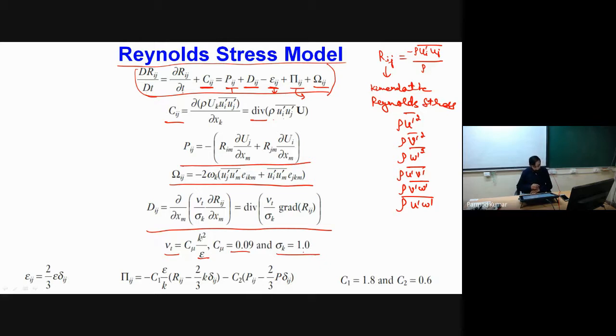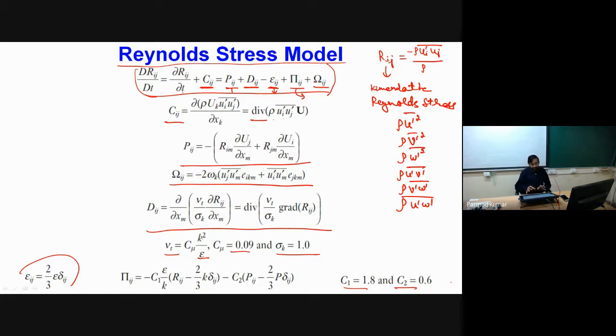Along with that, because we also have to find the value of epsilon ij, epsilon ij over here is related to the Kronecker delta operator, and pi ij over here is the term which represents production of the turbulent stresses due to normal turbulent strains. C1 and C2 are constants over here whose values are given as C1 equal to 1.8 and C2 equal to 0.6.